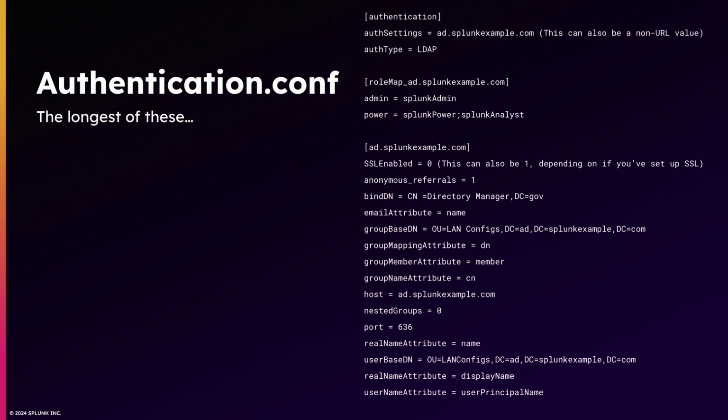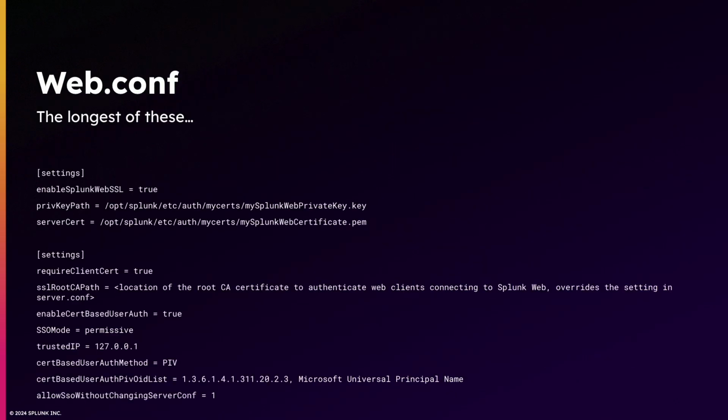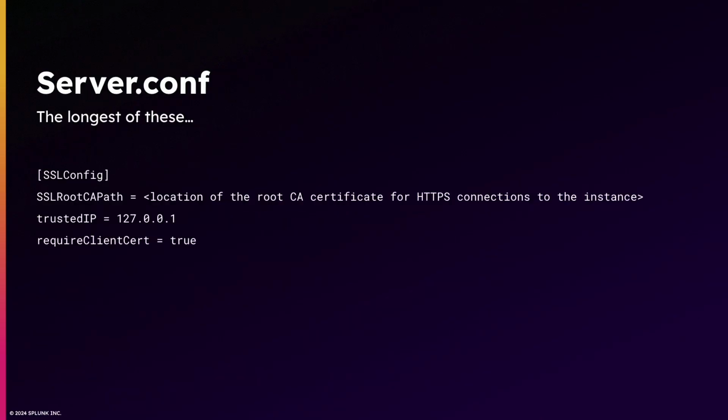The rest of them do not matter as much. Most of the time that I've seen it successful, it has been PIV. You can use the other values, but the majority of the customers that I've worked with always end up falling back to PIV, even though they want to use everything else.